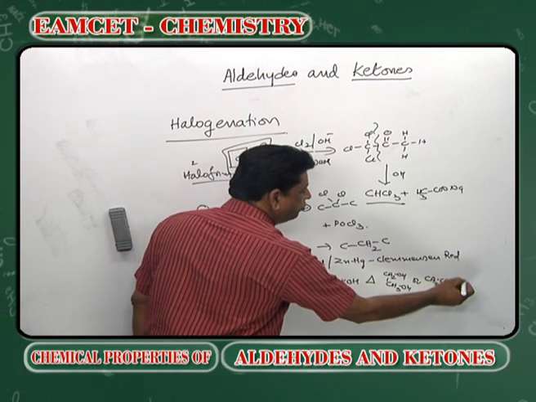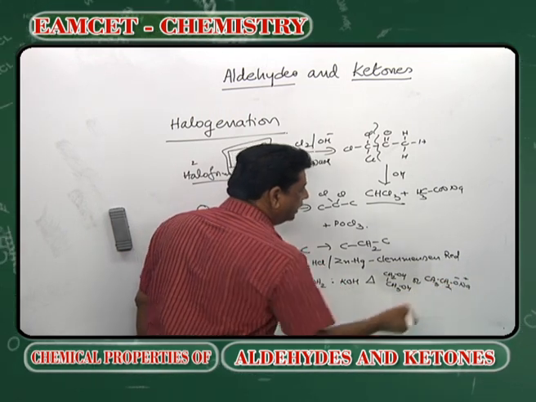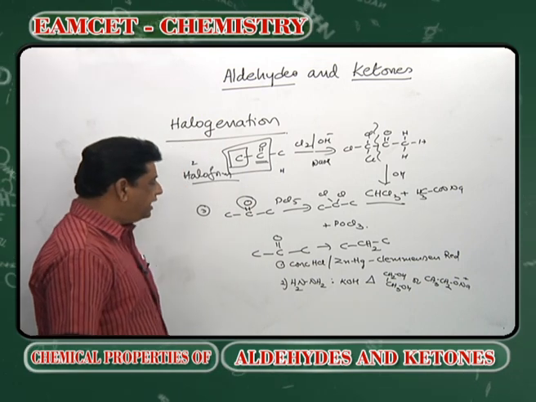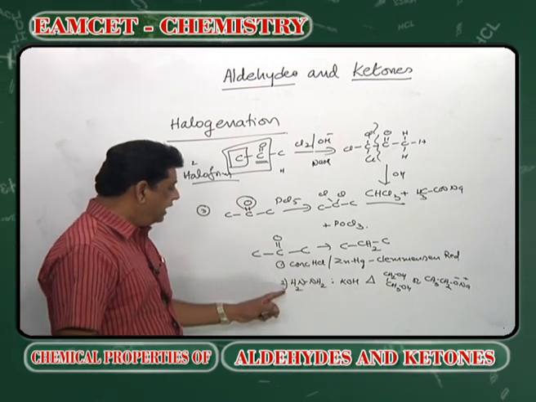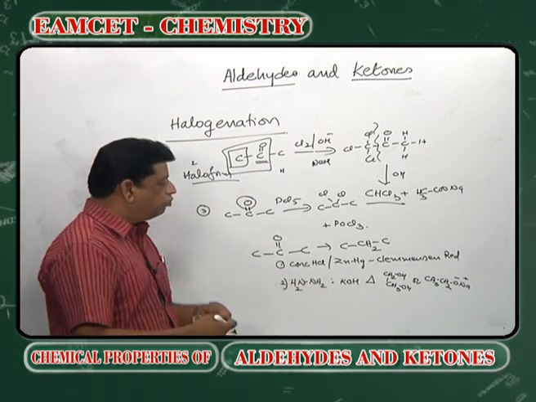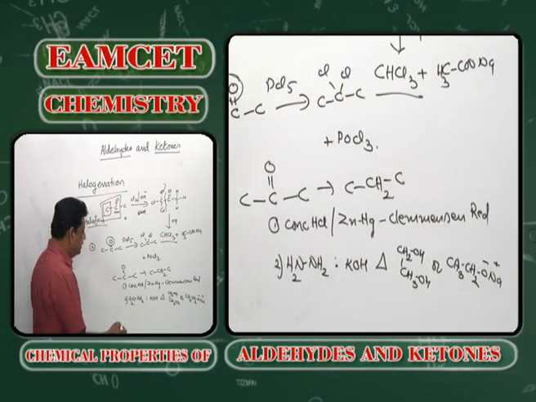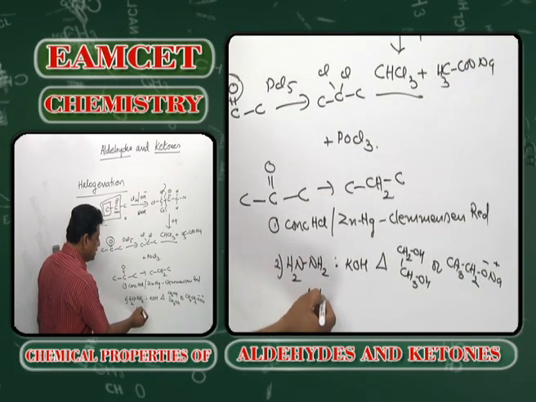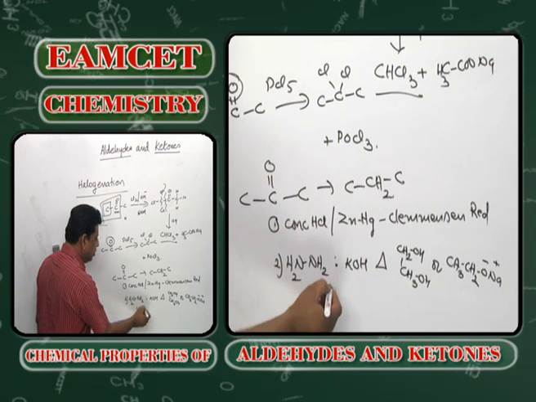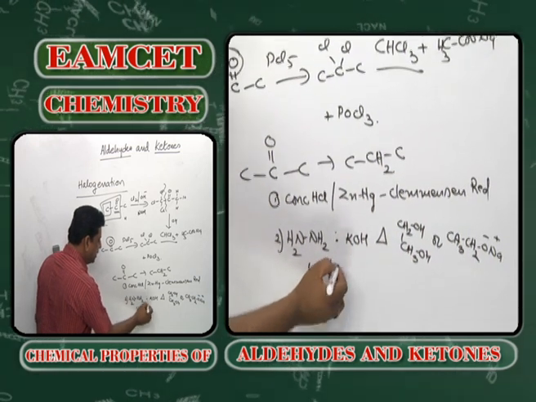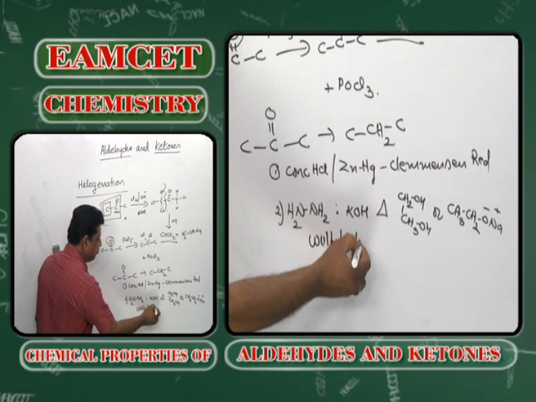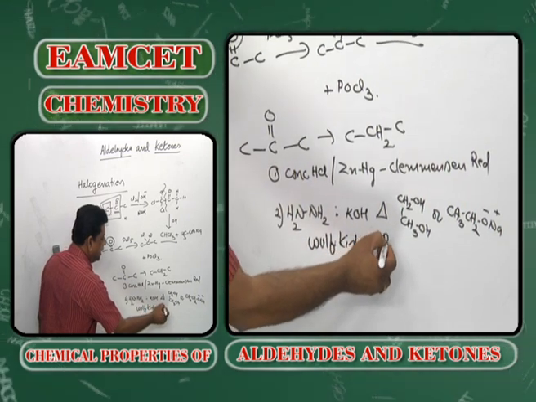Sodium ethoxide also has a high boiling point. So either of those will be taken, and strong base is added and heated. The hydrazone formed undergoes decomposition and gives the alkane. This is known as Wolff-Kishner reduction. Both are name reactions.